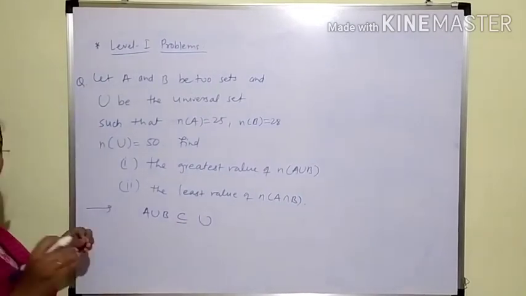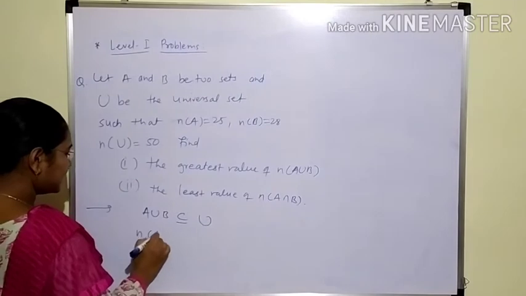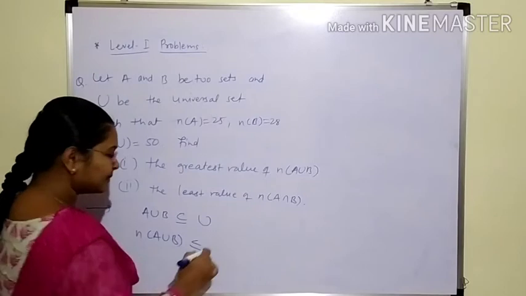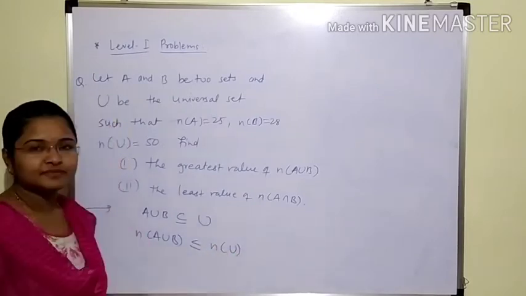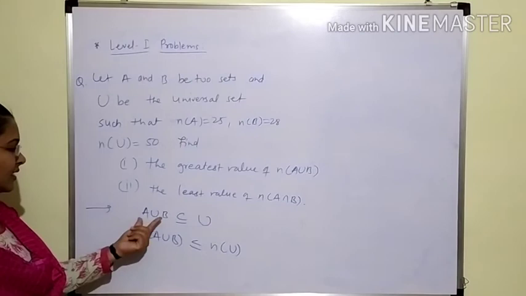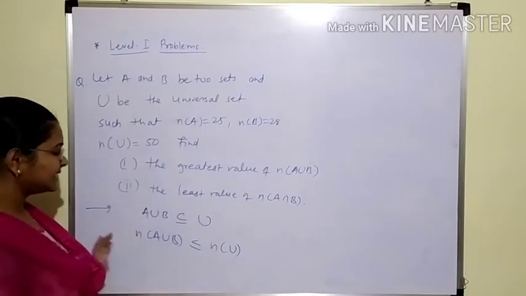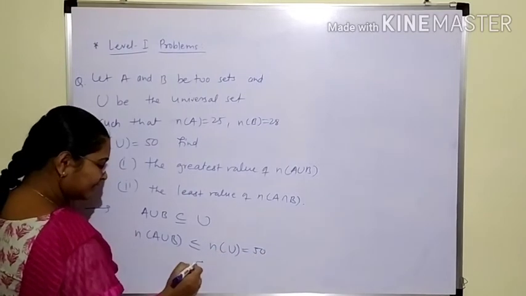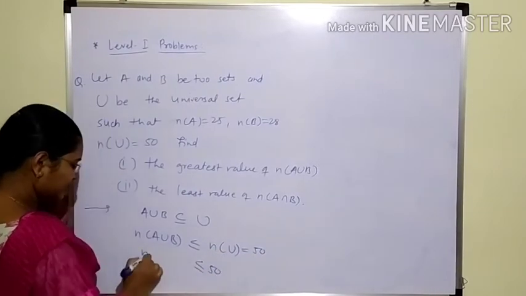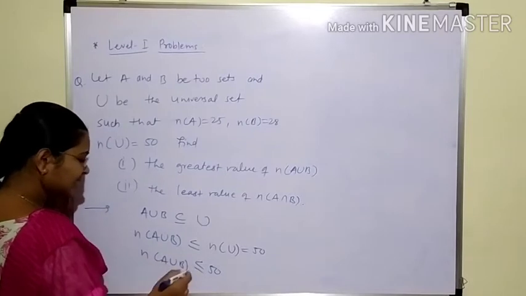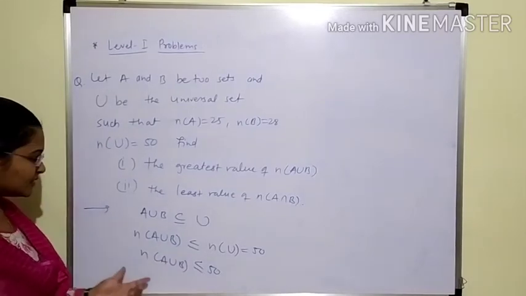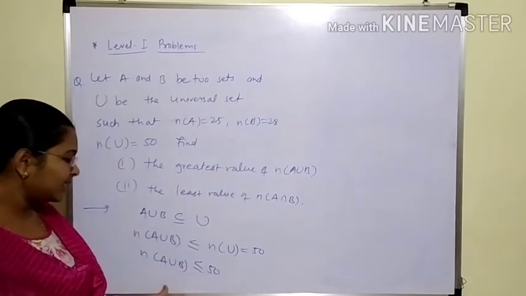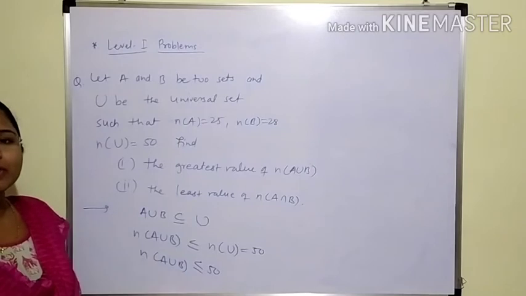So obviously the number of elements in A union B is less than or equal to the number of elements in the universal set, which is 50. So the number of elements in A union B is less than or equal to 50. So what is the greatest value for the number of elements in the union of A and B? That is 50.